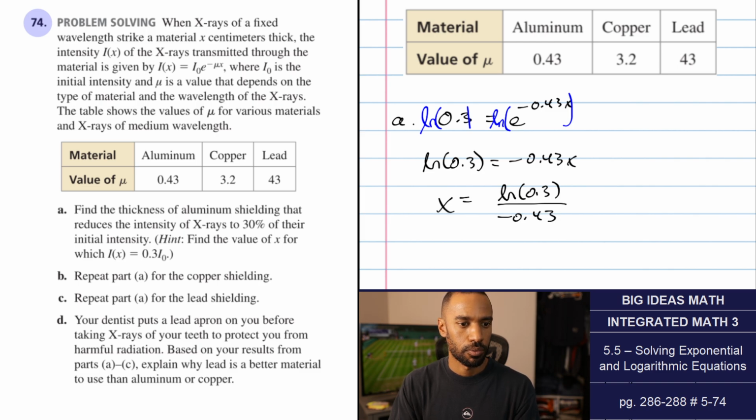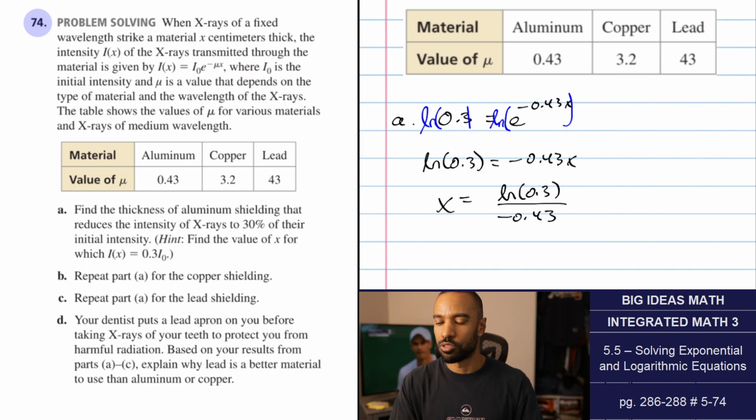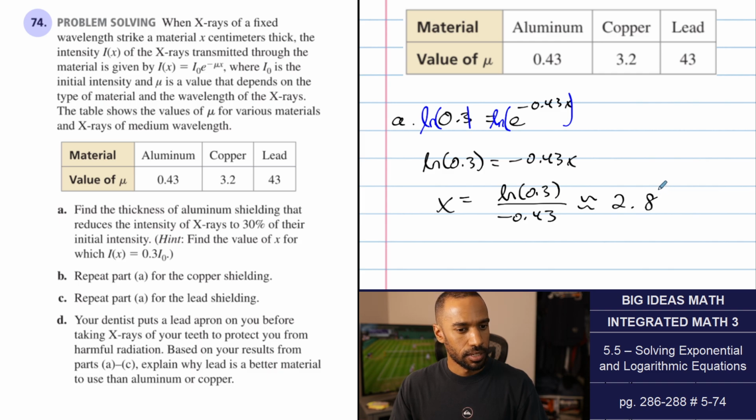And this answer is 2.7999, so around 2.8. X is around 2.8 centimeters of thickness. That's for aluminum.